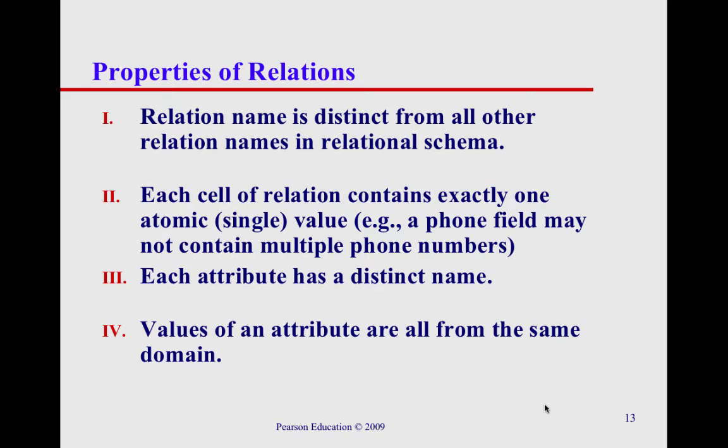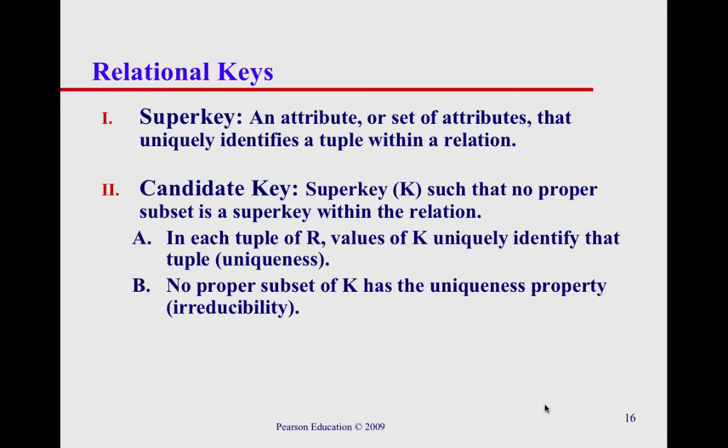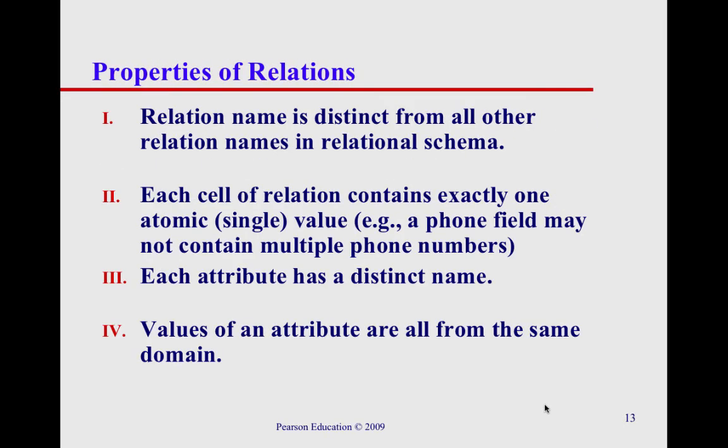Okay. Then these are all things that must hold; it says properties of relations. These are thou shalts. Okay? Just like the 10 laws were given to Moses, these are the, I think, 7 immutable characteristics of relations.